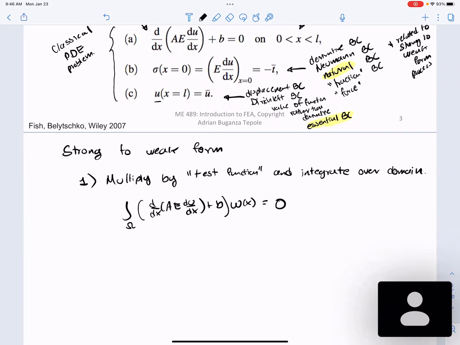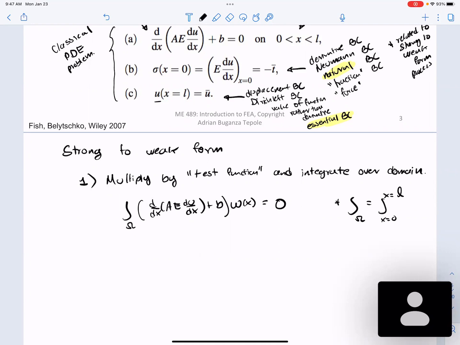So if you have a PDE that has to be satisfied over some domain, integrate over the domain. Again, this integral over omega, for the 1D case, for example, is the integral from x equals 0 to x equals L. But omega is a little bit more general in that if it was a 2D domain, the integral over omega would hide a double integral.